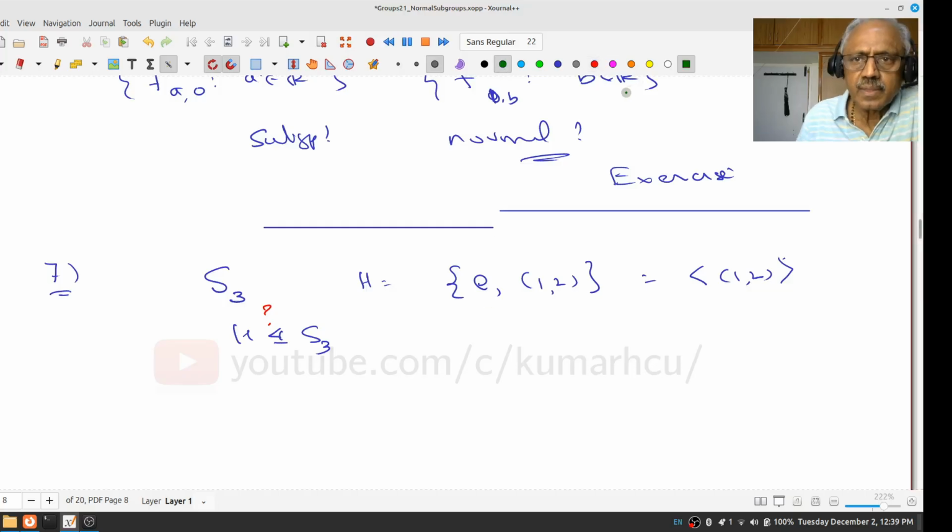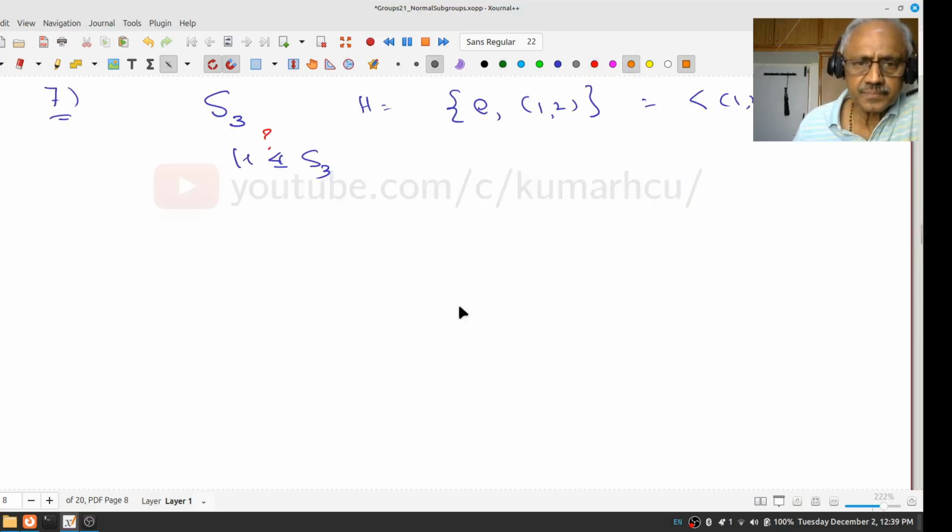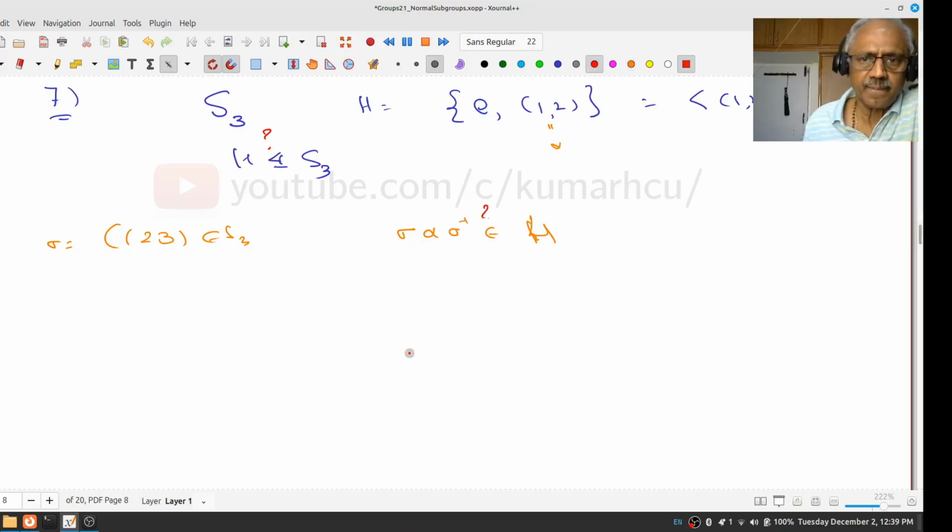Okay, let us look at it. Suppose I take (1 2 3). This is in S_3, right? Let us call it sigma. Let us call this alpha. Then I have to check whether sigma alpha sigma inverse belongs to H. That's the question, right?